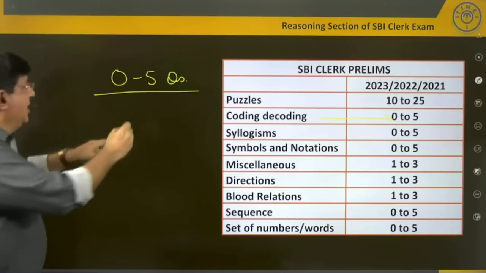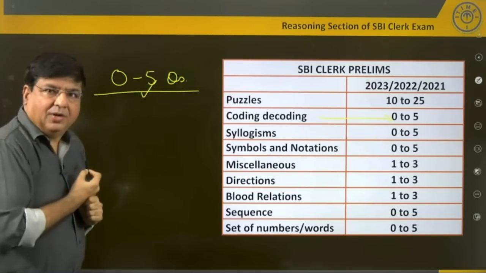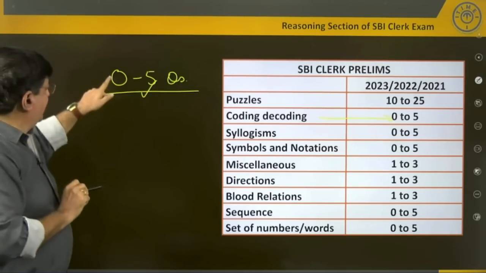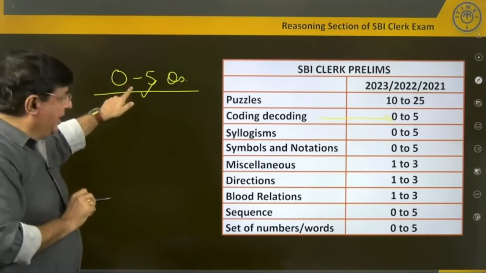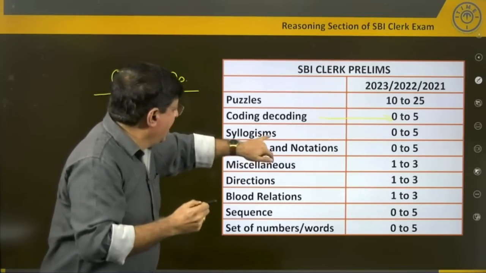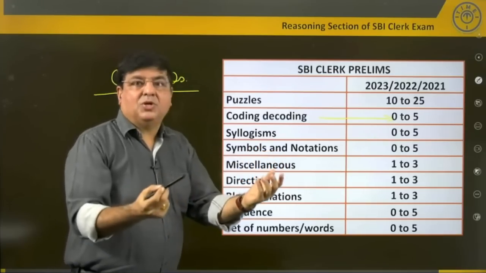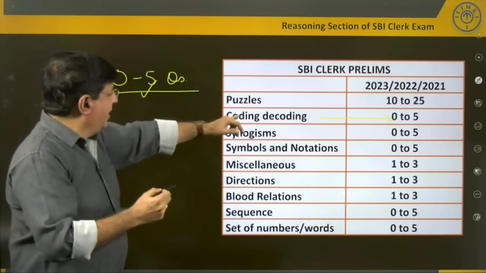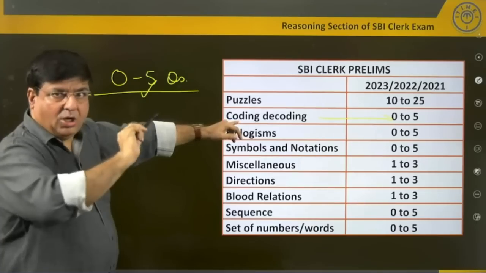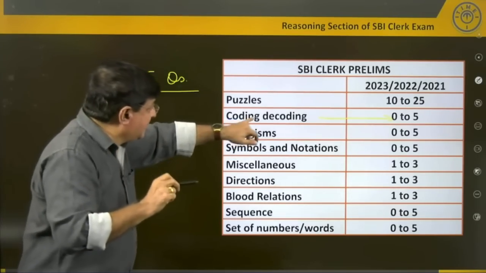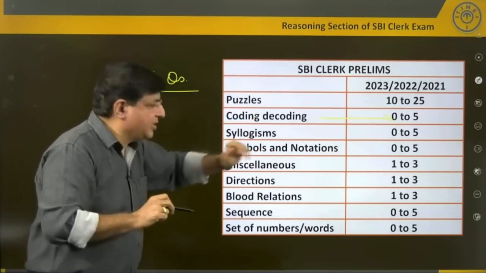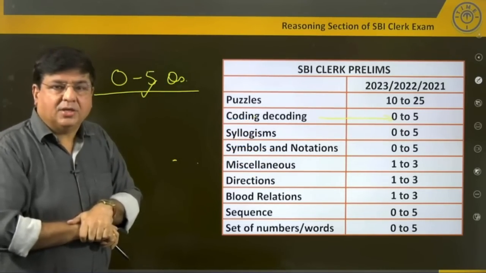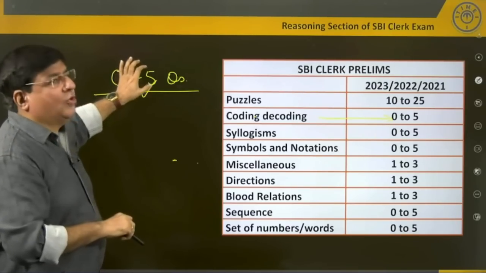In some slots, there were 5 questions on coding decoding. In those slots where there were 0 questions on coding decoding, there would have been questions on either syllogisms or symbol notation. So in one slot, coding decoding; in another slot, no coding decoding, but instead they would have asked questions on symbols and notation. So this is the meaning of the range 0 to 5.